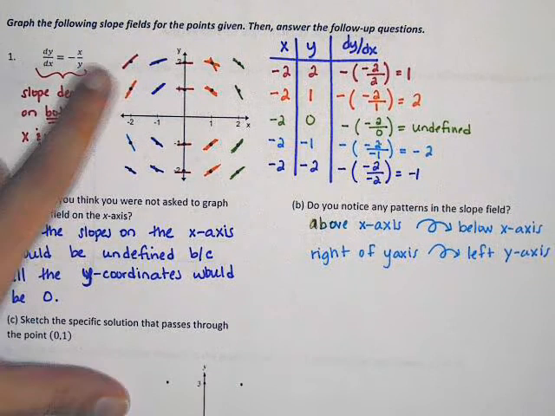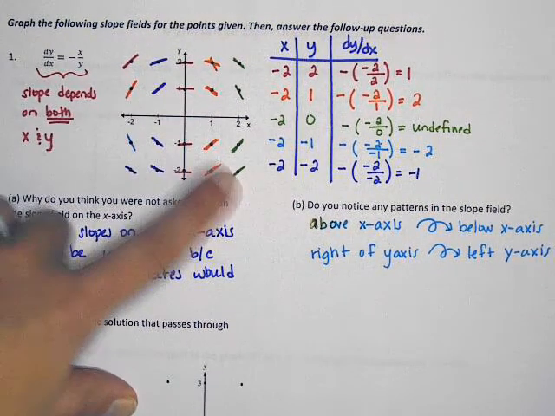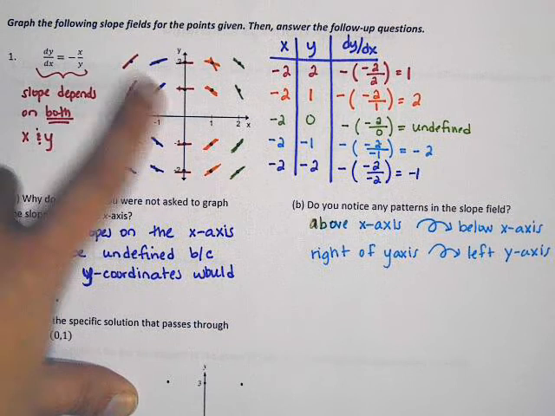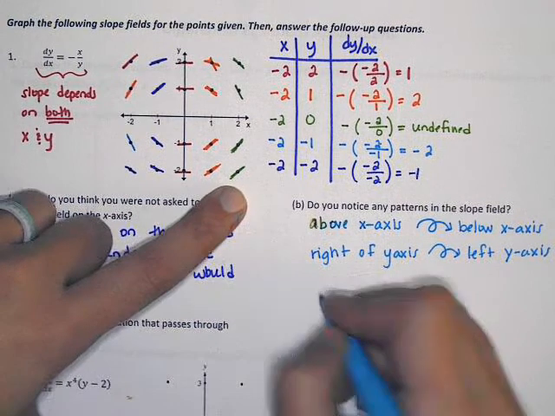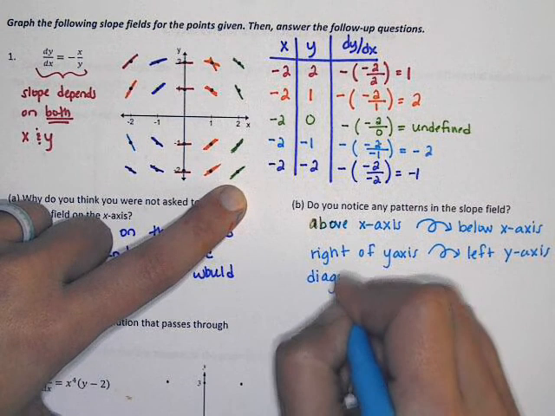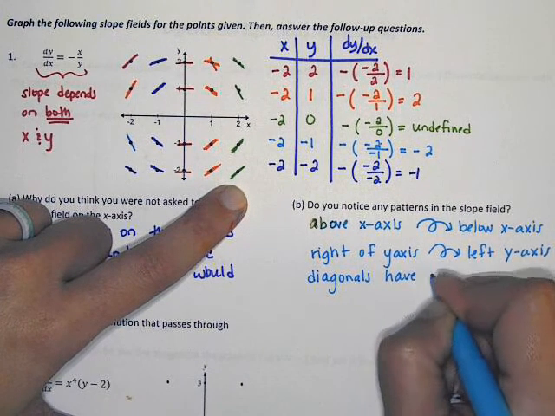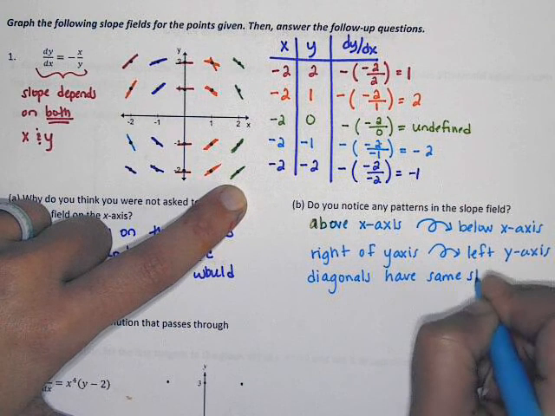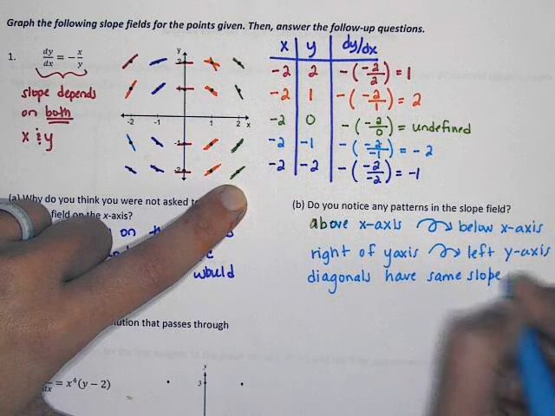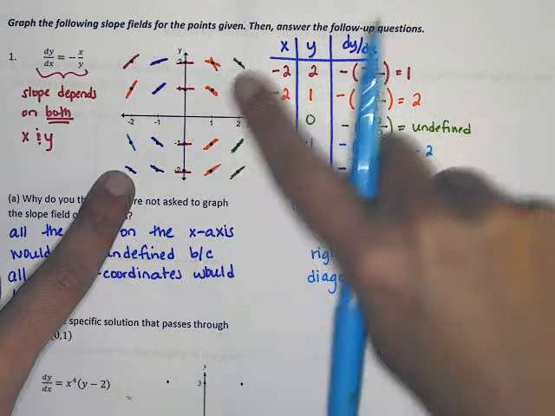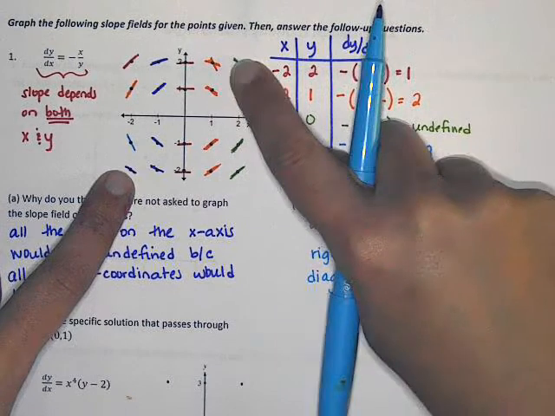I also noticed that this diagonal, if you follow this diagonal line, all of those slopes are +1. Same thing on this diagonal. All of those slopes are -1.